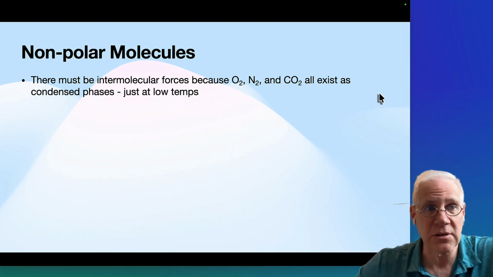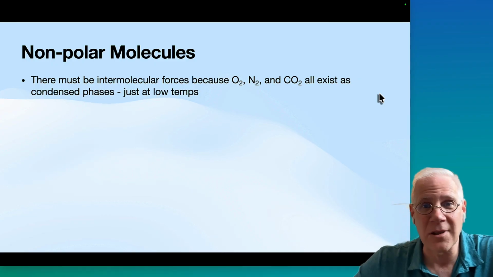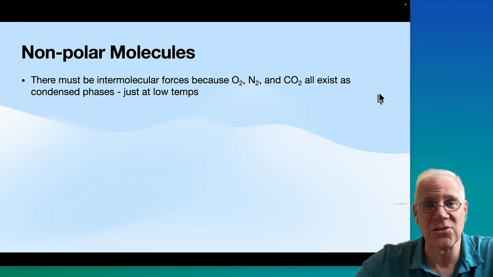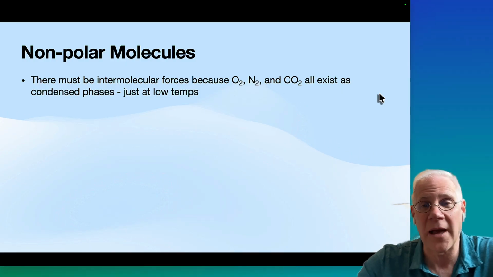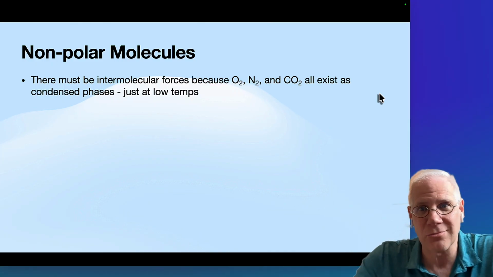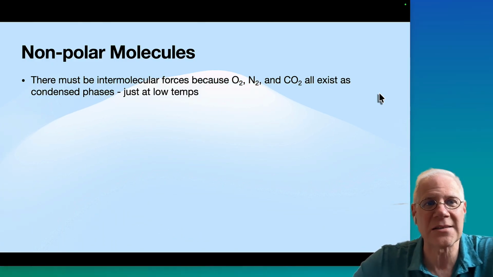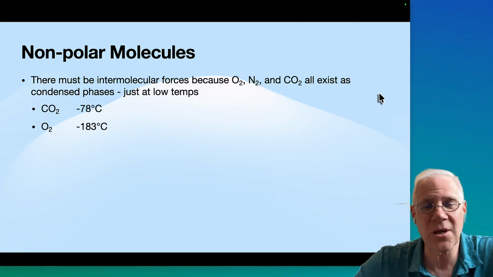Oxygen exists as liquid oxygen. It's a very common rocket fuel. Liquid nitrogen is used lots of times. We have a big tank of it sitting in our labs to help cool the NMR machines. And carbon dioxide goes from a gas phase directly into solid phase under normal atmospheric pressure. And that's what is dry ice, solid CO2. So we know they all exist as condensed phases, just at low temperatures.